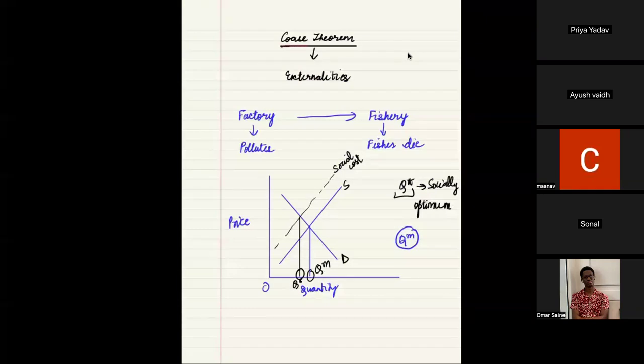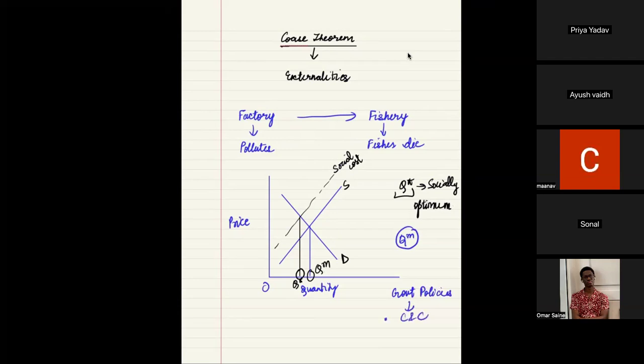Now, to achieve this Q star, in the last class, we gave certain solutions. The solutions that we gave were government policies. What kind of government policies did we discuss? We discussed command and control.